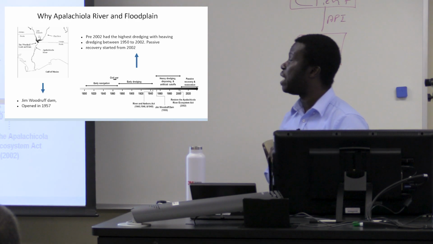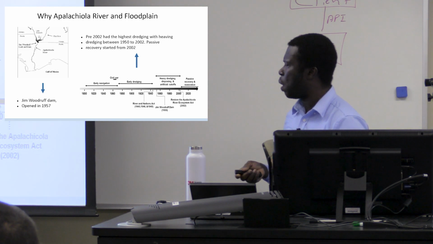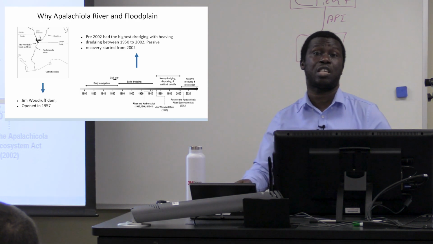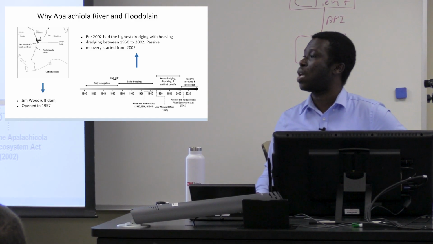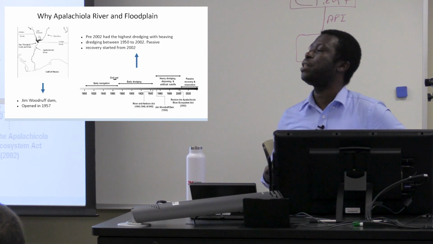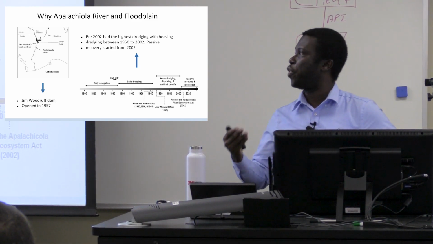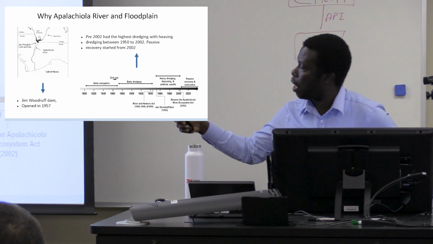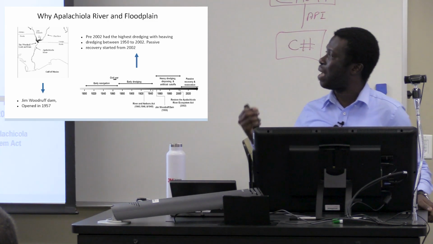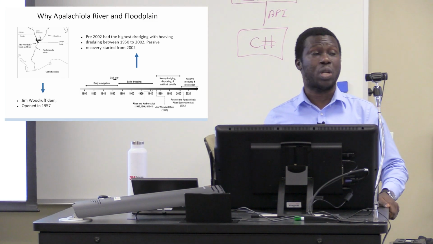Early dredging started around the 1870s, but heavy dredging, disposal of those dredged materials, and artificial cutoffs started around the 1950s. But the Restore the Apalachicola River Ecosystem Act was enacted in 2002 so that the river could take some breath and start recovery from the several impacts. So passive recovery started from 2002.